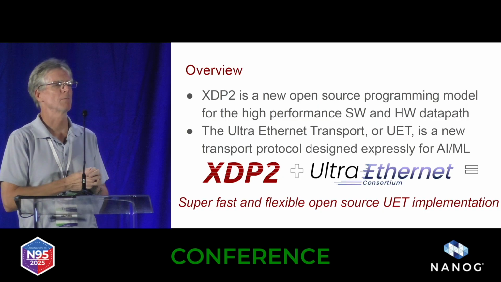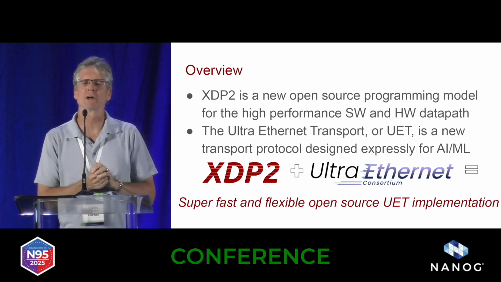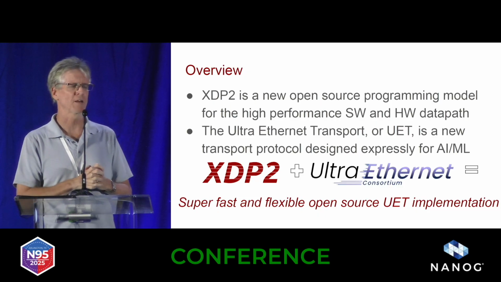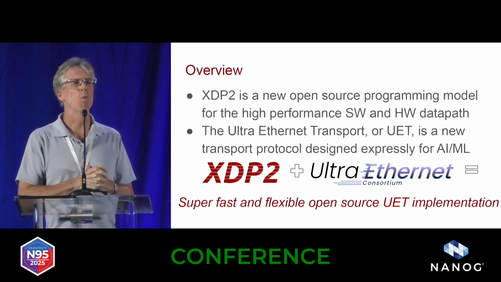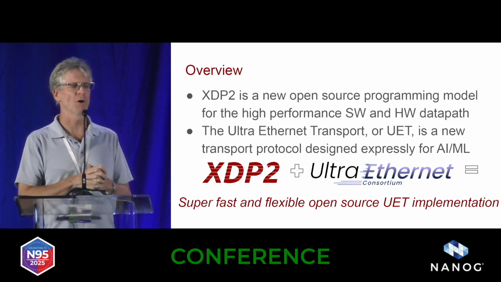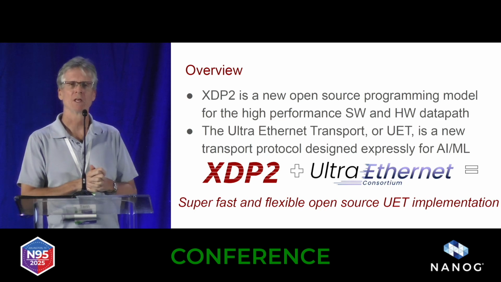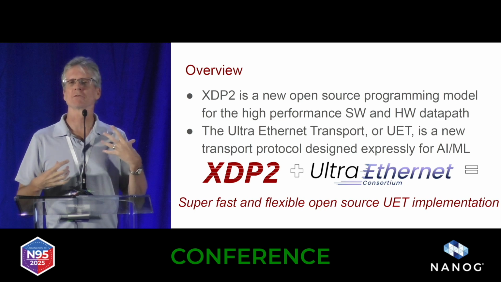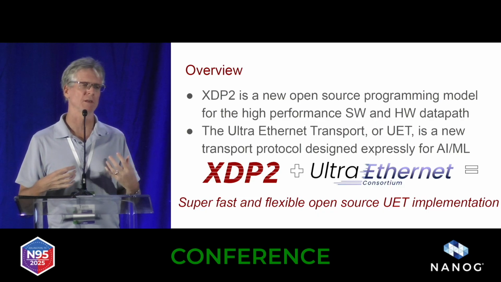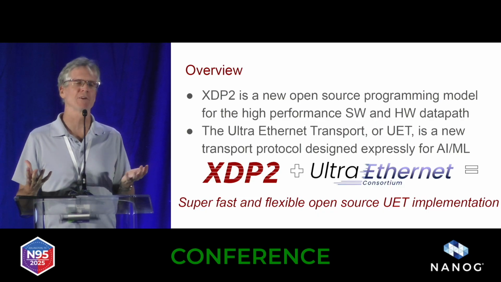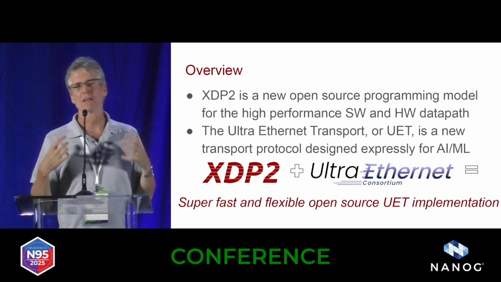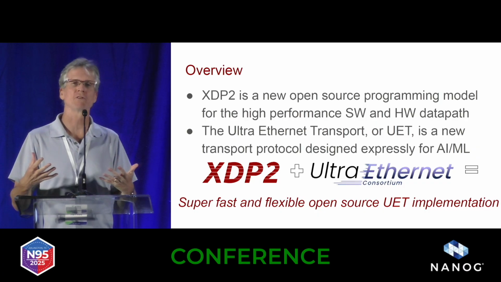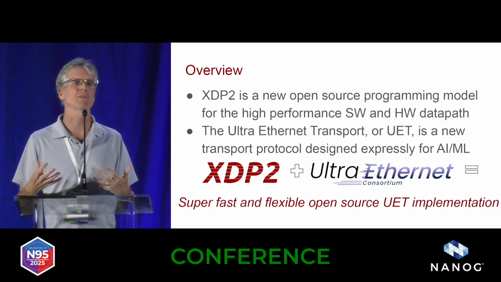About two years ago, some people started thinking about these problems. One of the initiatives is called Ultra Ethernet Consortium. The idea was to extend Ethernet, which is considered the least common denominator of the data center network, and apply it to these new requirements for AI and machine learning.